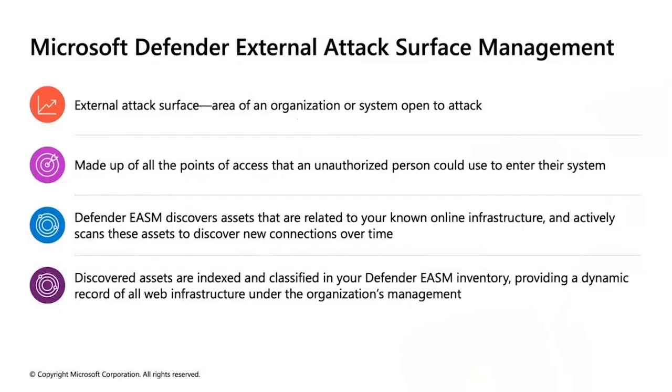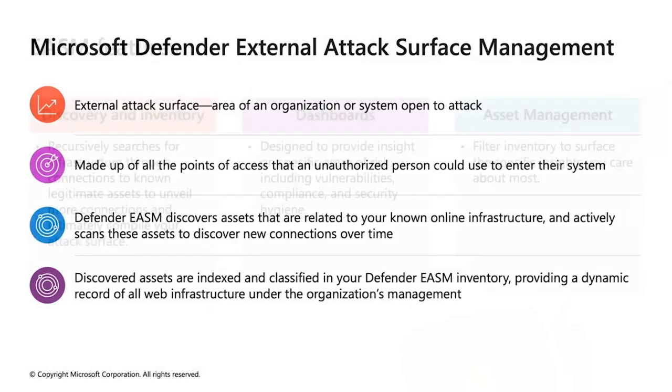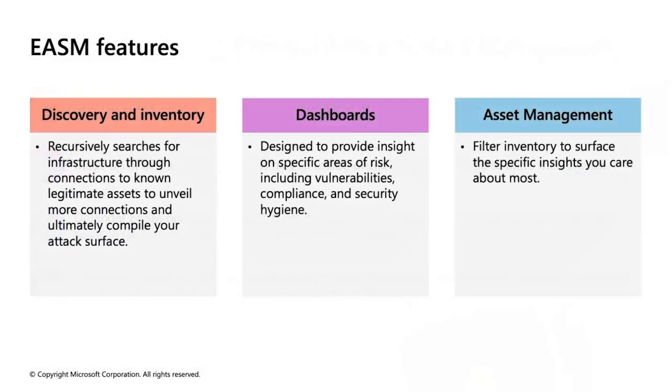Now, more capabilities. EASM features are discovery and inventory. This will search infrastructure through connections to known legitimate assets to unveil more connections, and check what kind of attack surface status we have.